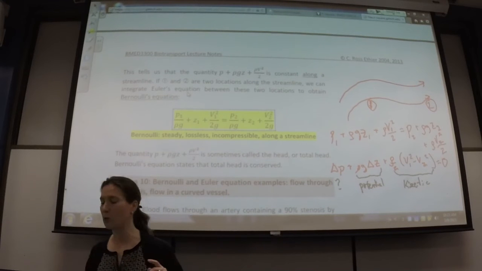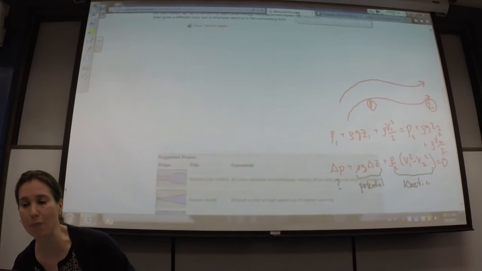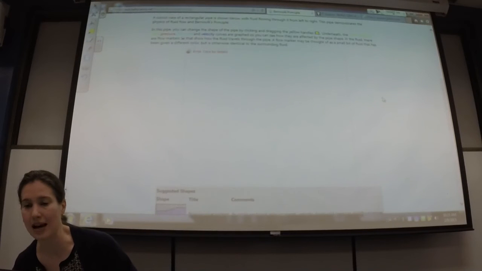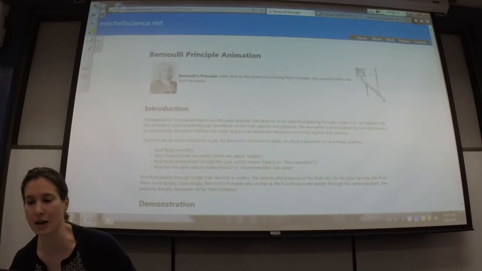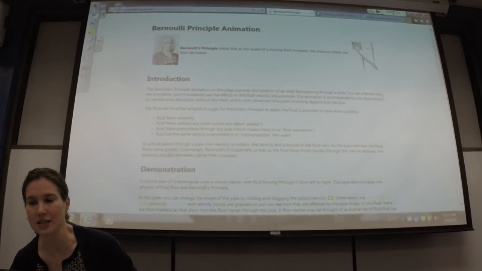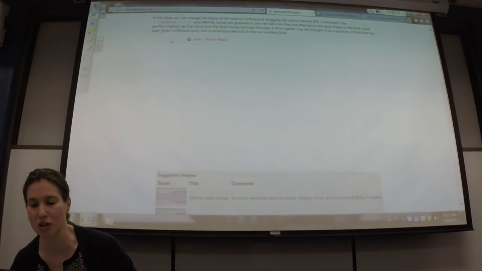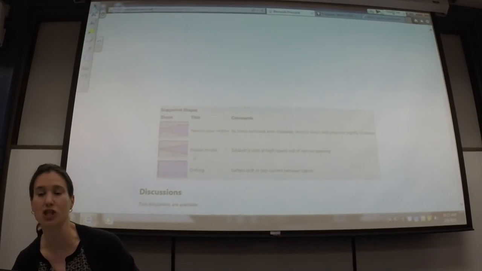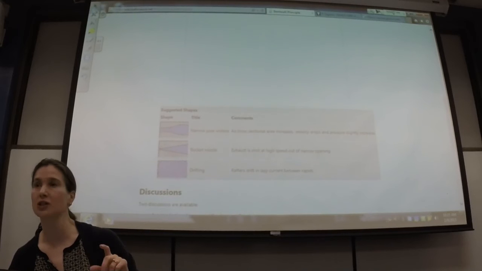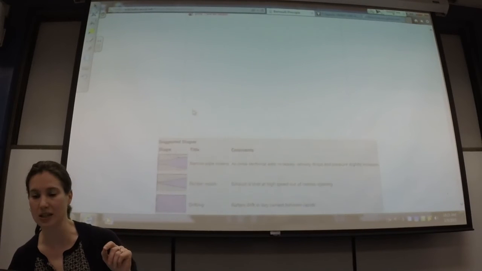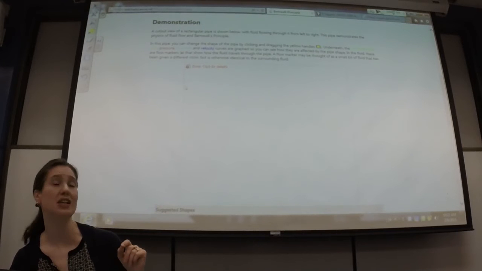So what I was hoping to do today is show one of a number of really great applets online that will let you test all of these properties. It's basically a nice demonstration of how you can look at different geometries and look at how the fluid flow will change for the different streamlines under these conditions. And it'll plot pressure, flow rate, velocity, all these things for you.